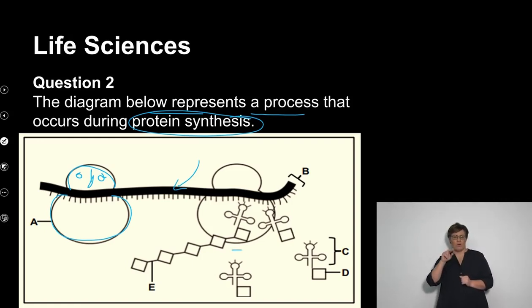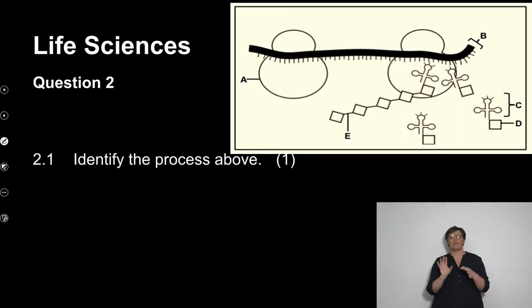We can also see some tRNA molecules onto which specific amino acids are attached, which you can see here. These are based on the codon and anticodon base pairing. So that's an overview of this illustration, and let's see some questions on this.